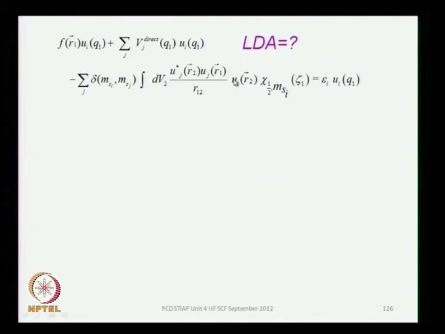Now, here you remember that it was this exchange term which prevented us from identifying this as an eigenvalue equation, right, because here the argument of the ith orbital is 1, here the argument of the ith orbital is 2.